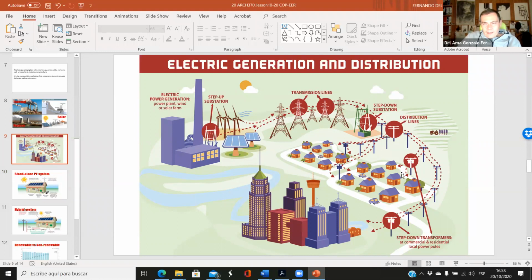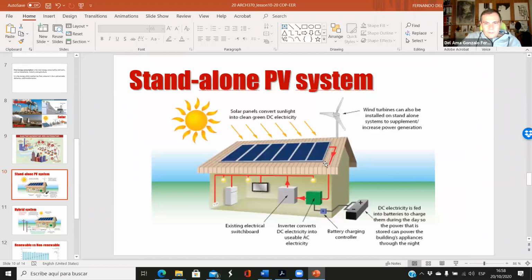So I think in the United States, we have the opportunity to change the old-fashioned, traditional method for energy generation and distribution. Okay, so by making the most of all the roofs that we have here, yeah, we can work with this standalone PV system.